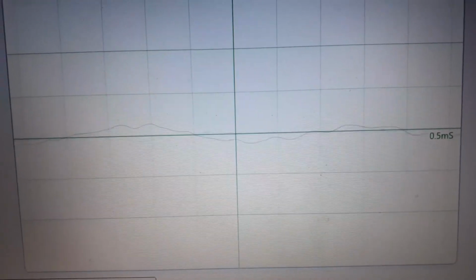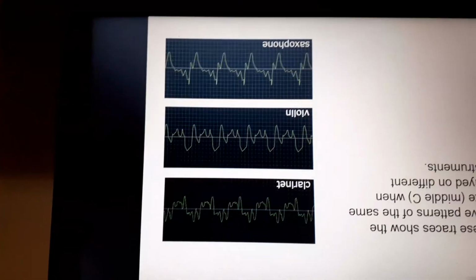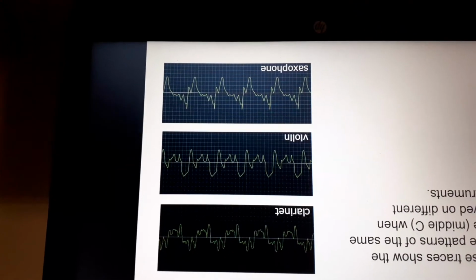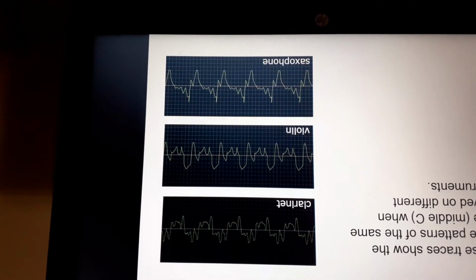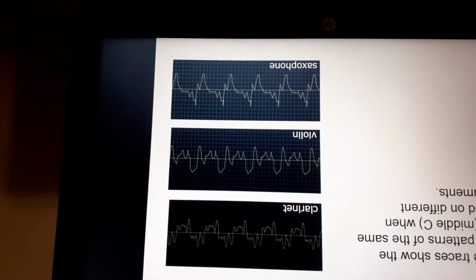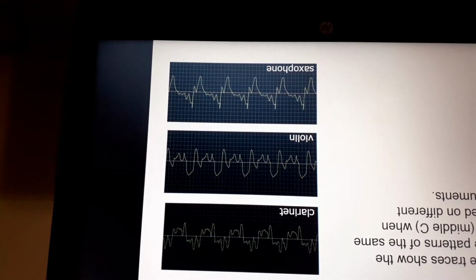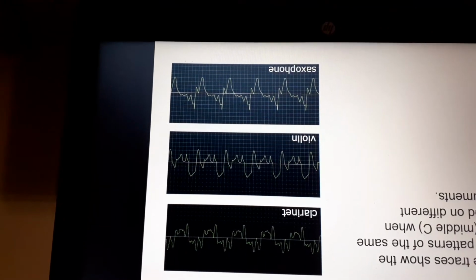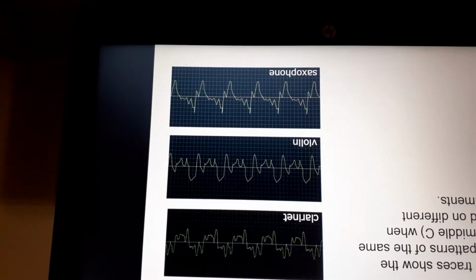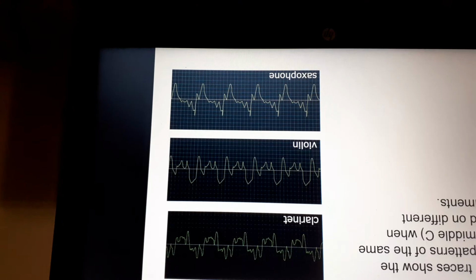And what I'm going to do is do a couple from a book because it's easier for you to see. Okay, so here we are. This is what the traces of the wave patterns show for different instruments. We have a clarinet at the top, a violin in the middle, and a saxophone at the bottom.